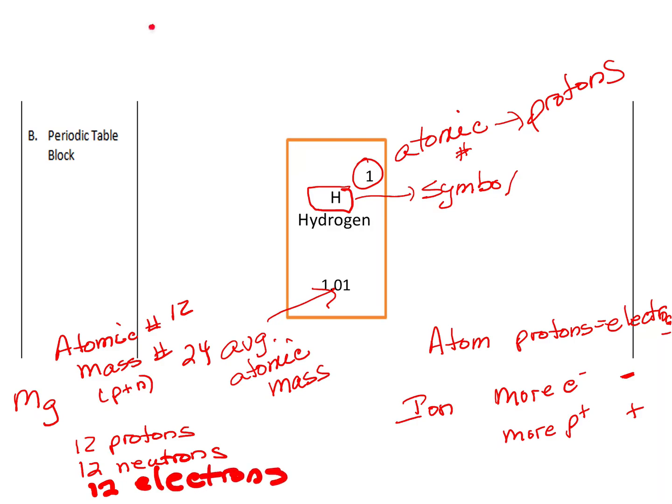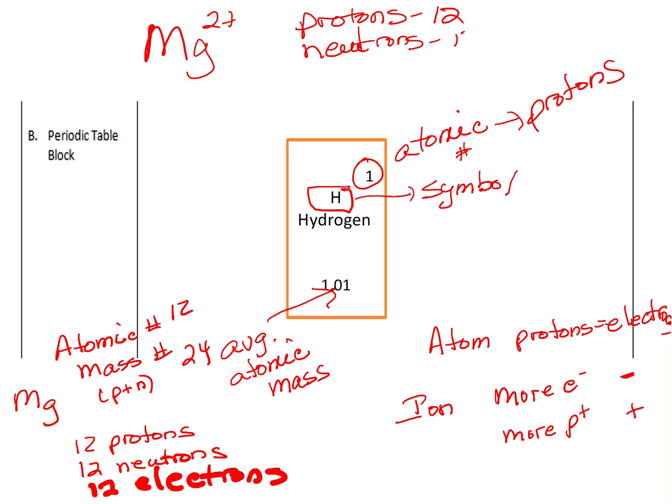Okay. Let's say we have a magnesium 2+ ion. It's magnesium, so it's still going to have 12 protons because that identifies it as magnesium. And it still has a mass of 24, so it's still going to have 12 neutrons, but our electrons are going to be different. So it has a +2 charge.